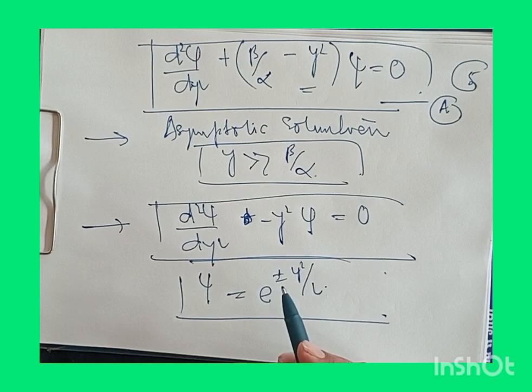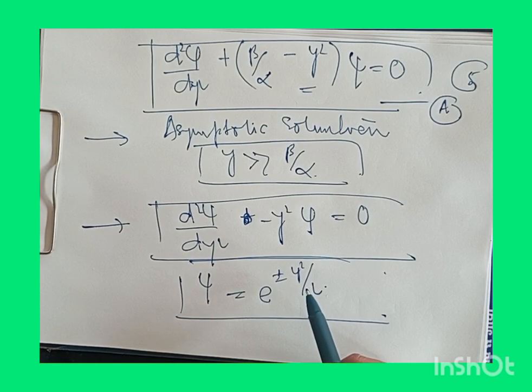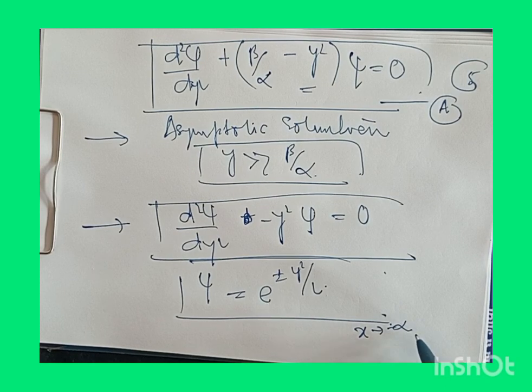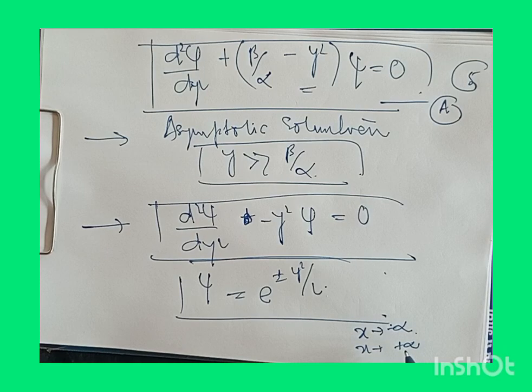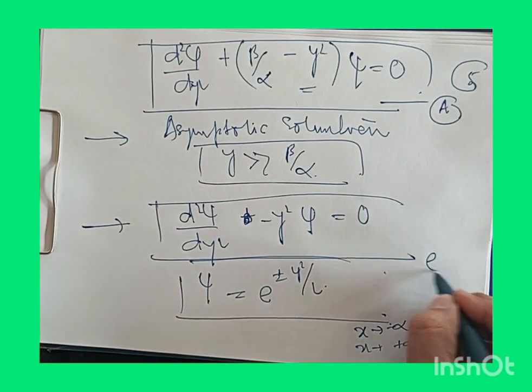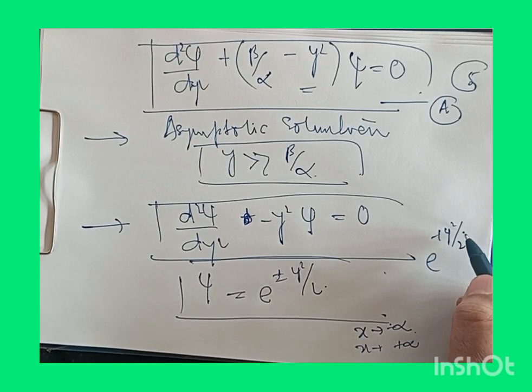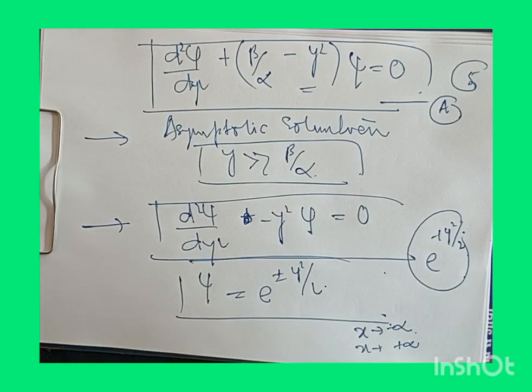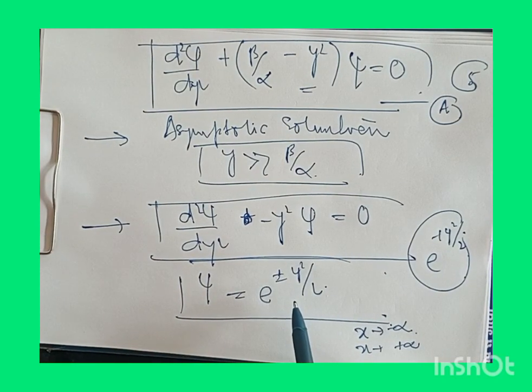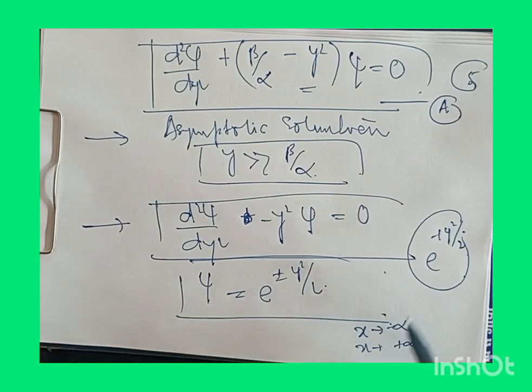Therefore, it must decrease continuously to 0 as x tends to minus infinity and x tends to plus infinity. If we think of the solution for positive, like e to the power of plus y square by 2, this solution will increase rapidly with increasing y, and hence with increasing x.